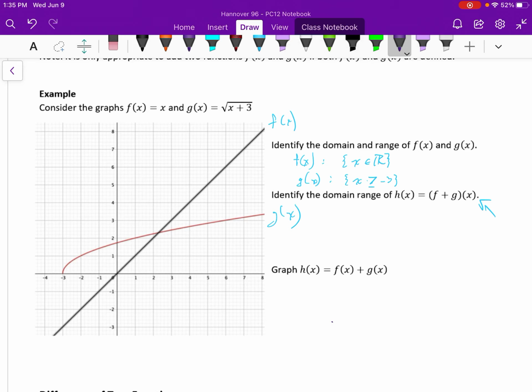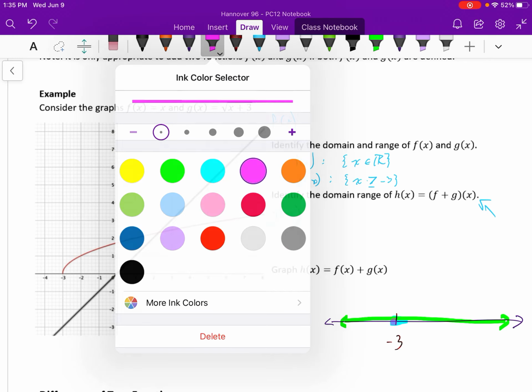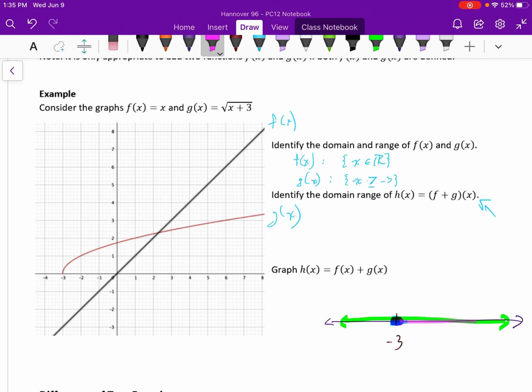If we look at it from a number line perspective, f has the domain from -infinity to +infinity, so it's everywhere. G has the domain starting at -3, greater than or equal to -3. Now allow me to switch colors here. So it's equal to -3 or more.